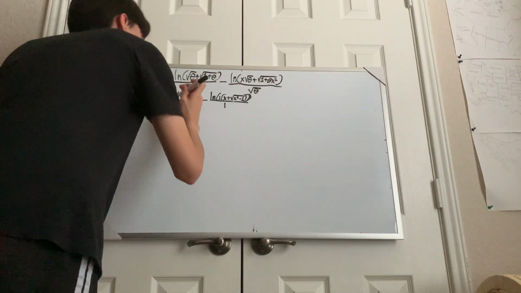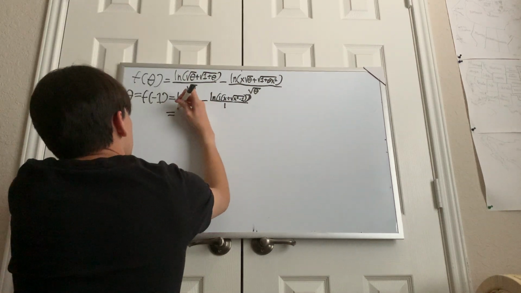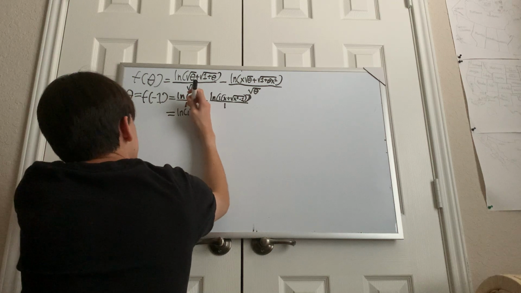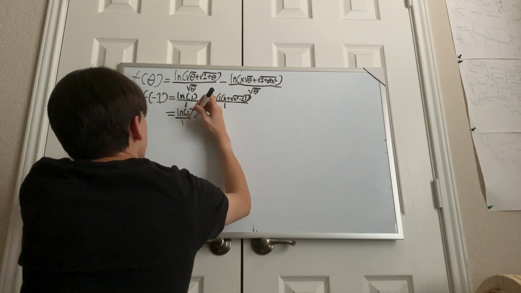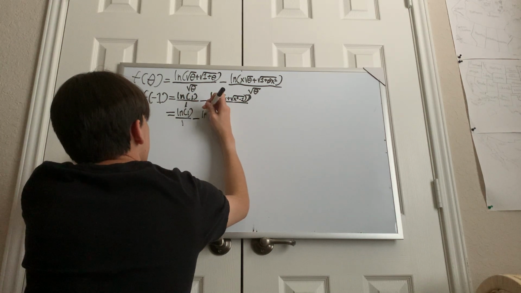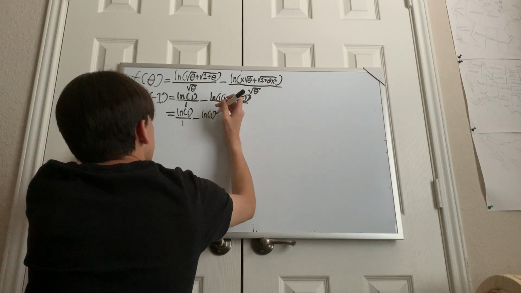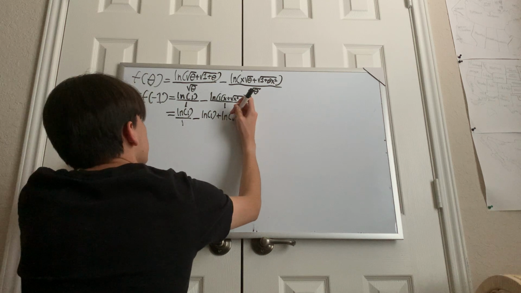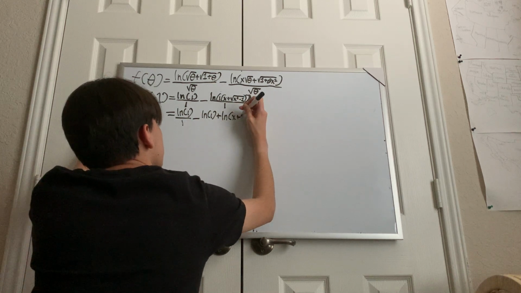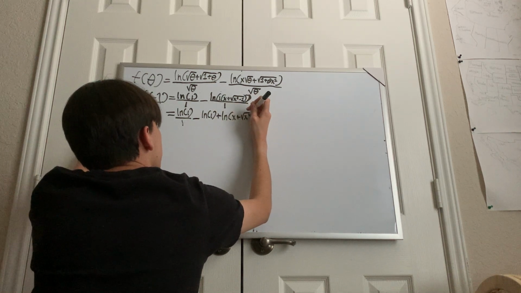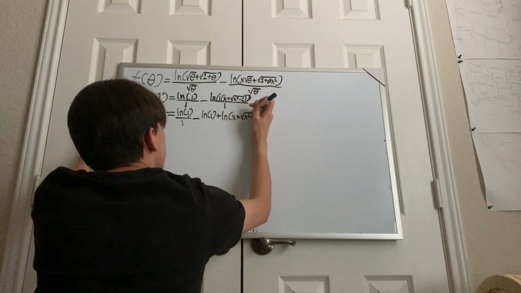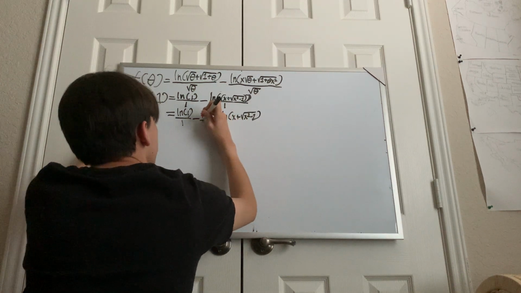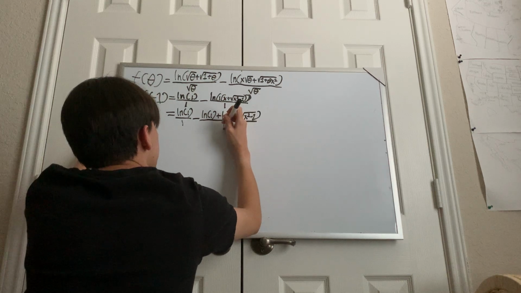So then this becomes ln i over i minus ln i plus ln of x plus square root x squared minus 1, all divided by i.